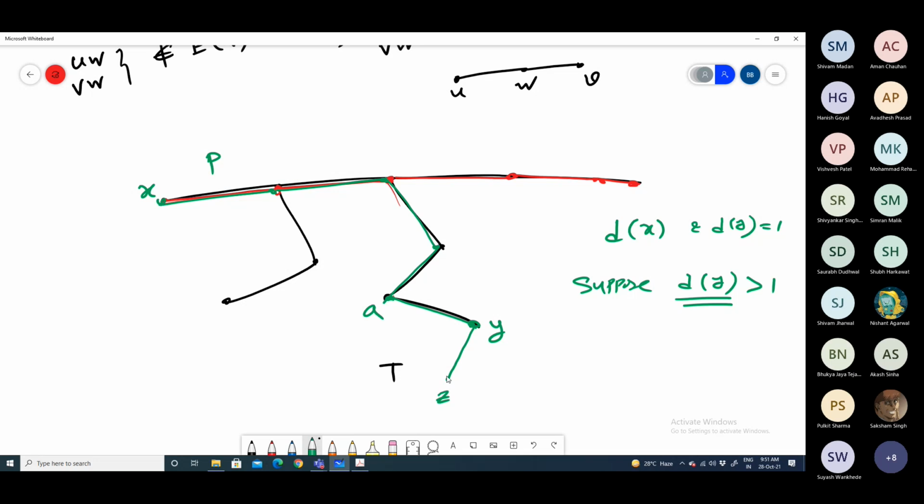Now that Z should not be in P, because suppose this is your Z, then you have a cycle. Or are you confused with this one?